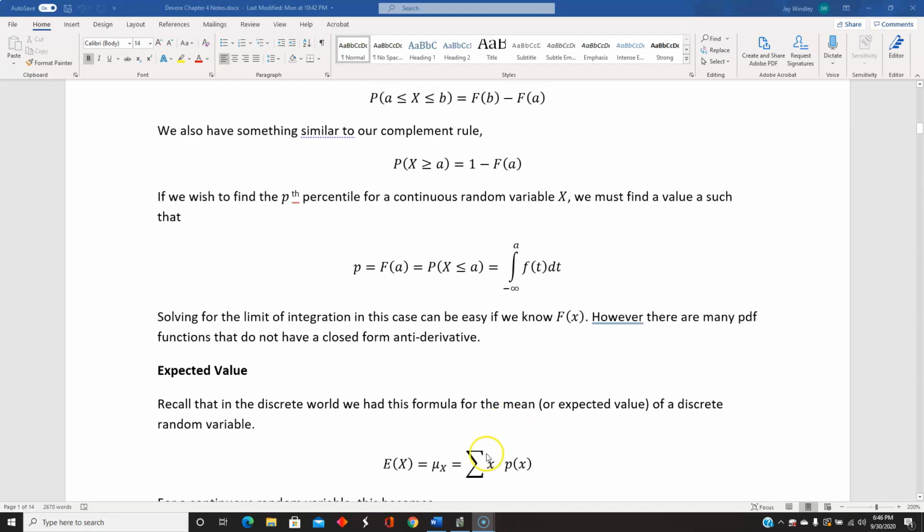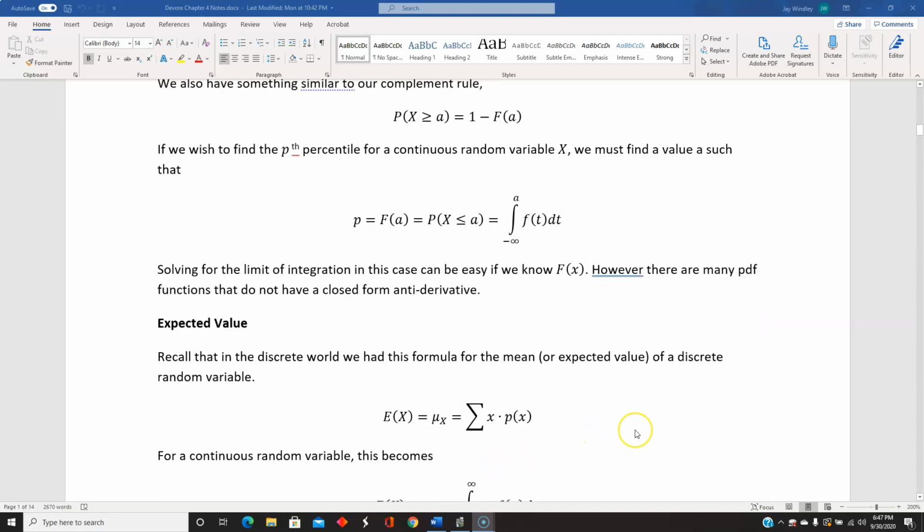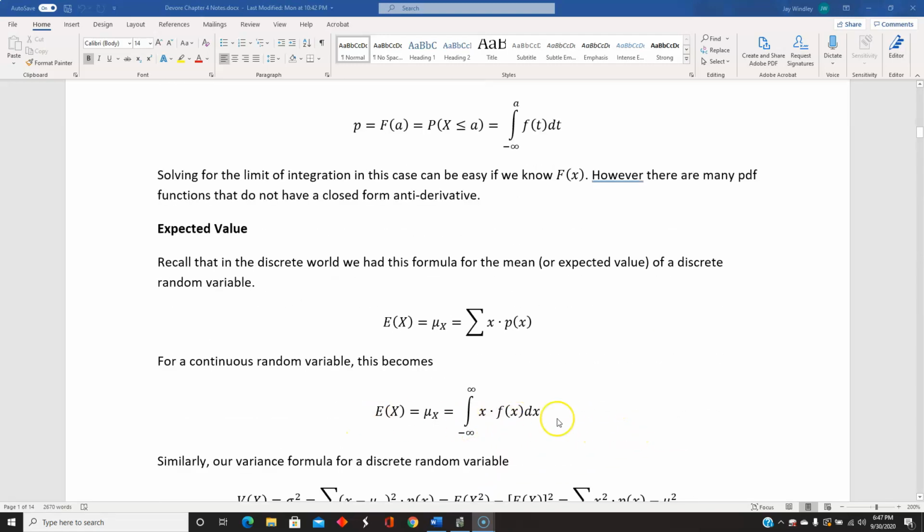In the world of discrete random variables, we had this formula for the mean. We added up the products of all the values of x times their probabilities. So in the continuous world, that formula is exactly the same, except now this sum is an integral over all the values from negative infinity to positive infinity.